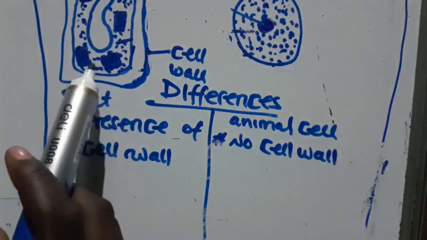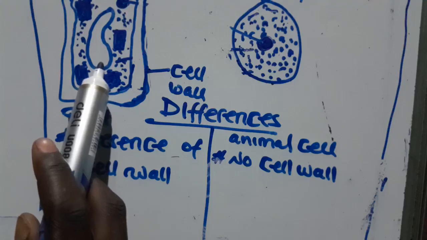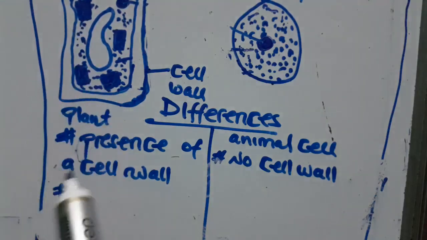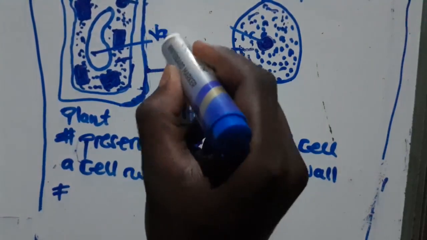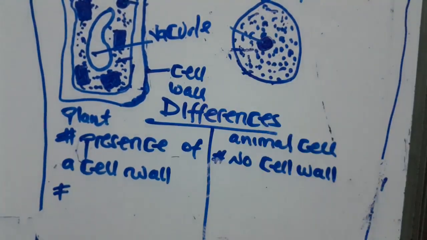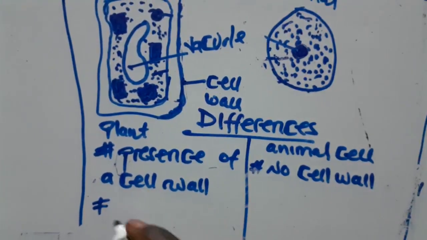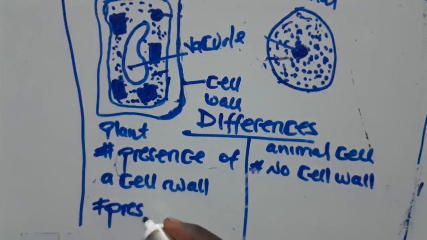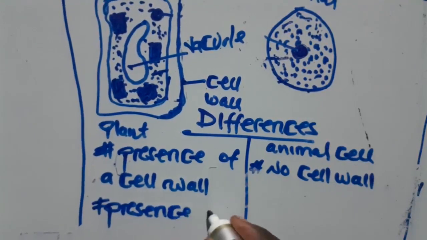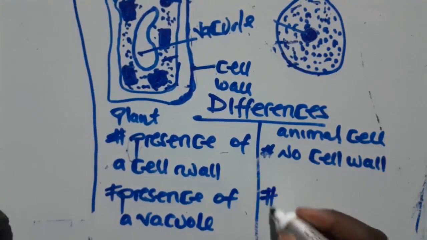This space is called a vacuole. Here there is a vacuole, but in the animal cell it is very small, so it's as if we don't have a vacuole. So the presence of a vacuole in a plant cell, and there is no vacuole in an animal cell.